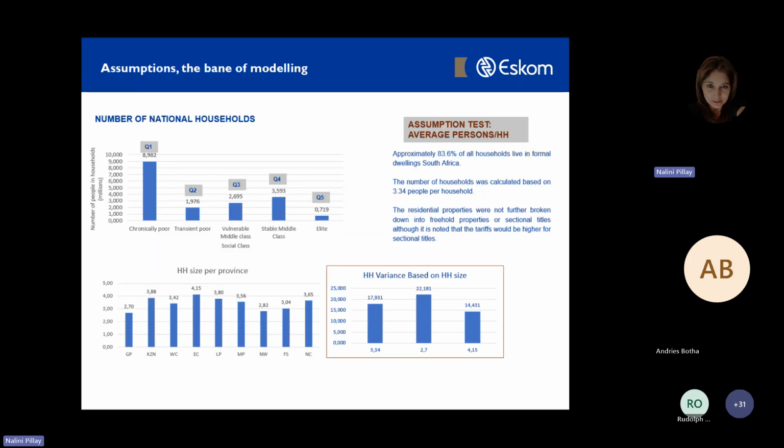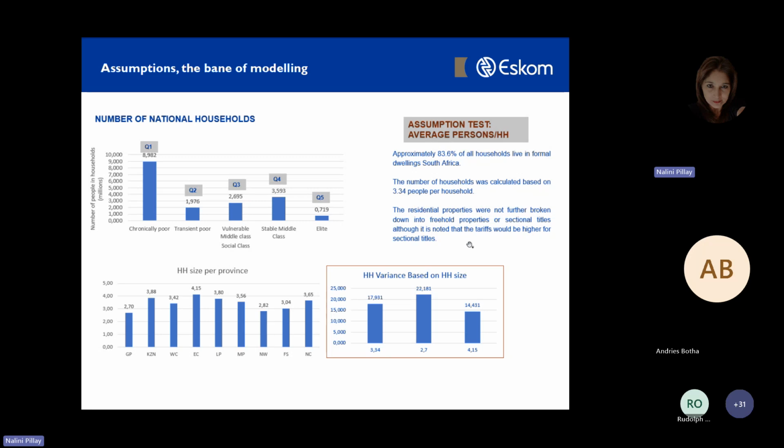In terms of the assumptions now, the first assumption I looked at was what happens if we change, and this is important for affordability of EVs, if we look at the different income groups. Here, Stats SA indicated that the average number of people per household was 3.34. Obviously, this is statistics, so you can work in fractions.